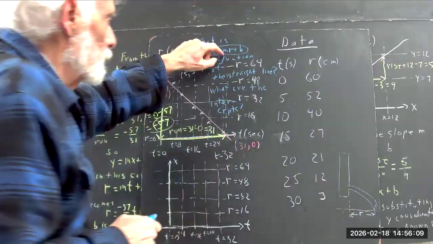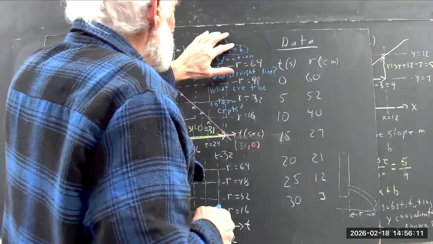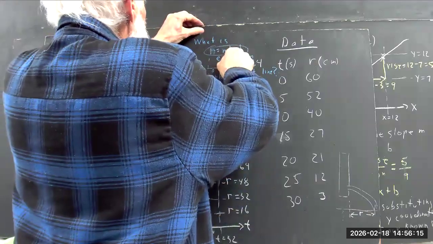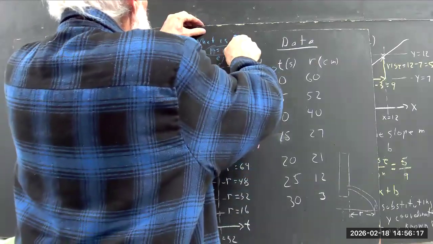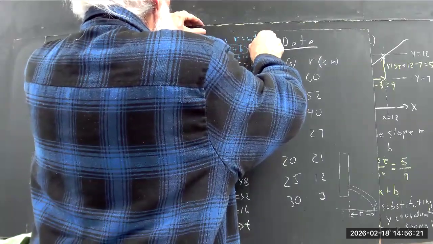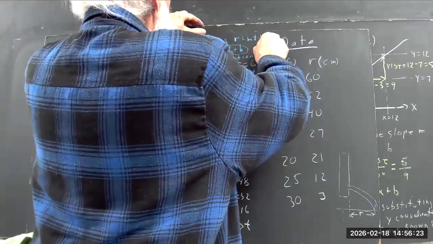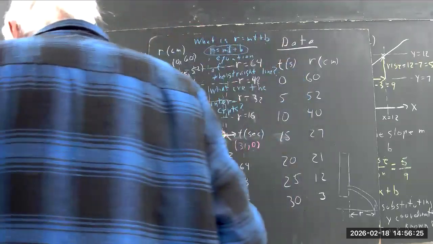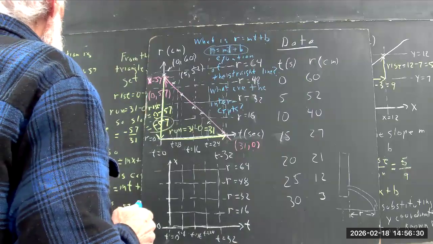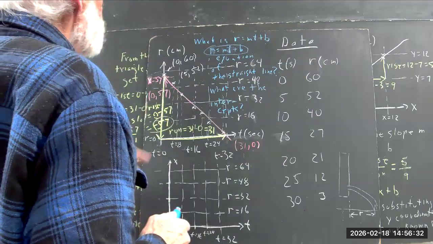That's supposed to be r equals mt plus b. Hope I didn't make that mistake anywhere else.